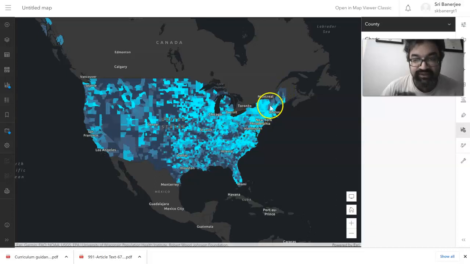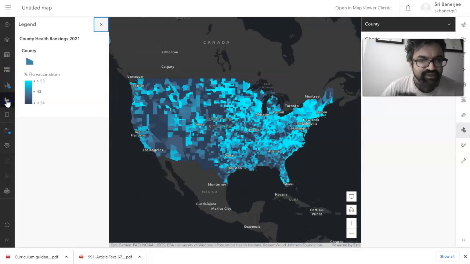And so when you see this, then you know that there are areas that need more attention in terms of what is there in the flu vaccine, whereas others don't need that much attention.